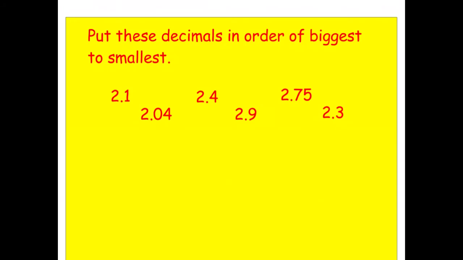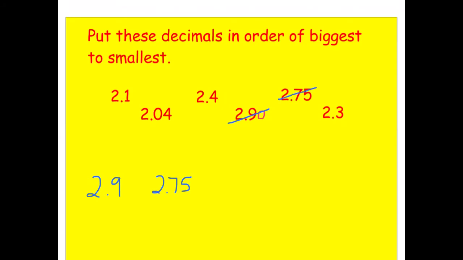Okay, let's begin with our biggest value then. The biggest number on the screen is our 2.9. Again, if you want to think of it as having 2 numbers after the decimal, it just means 2.90. So that's the biggest value on the screen. The next biggest value is our 2.75.